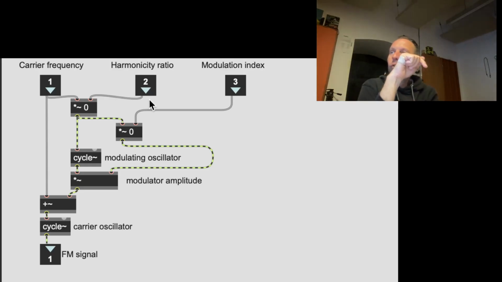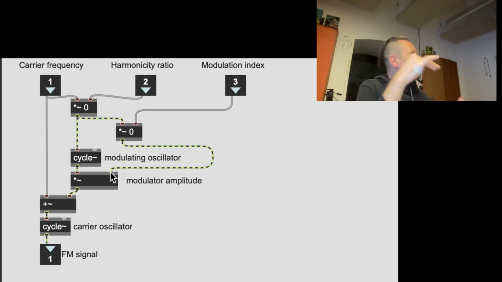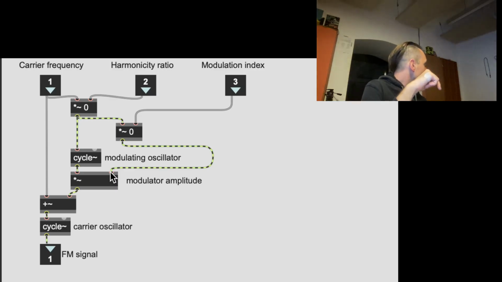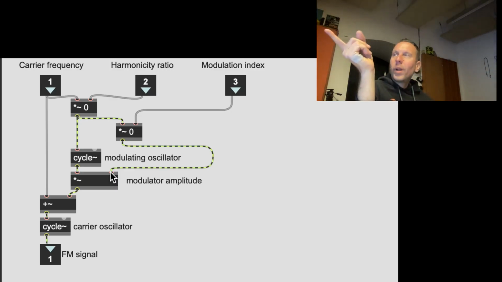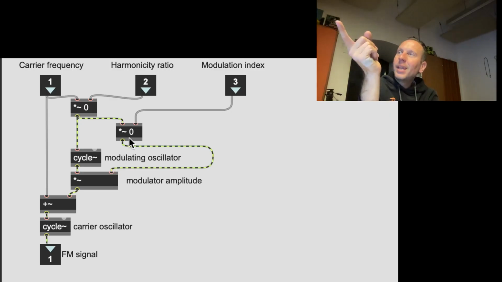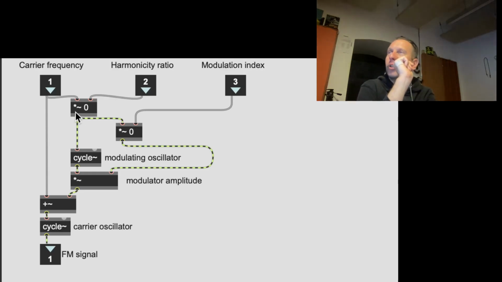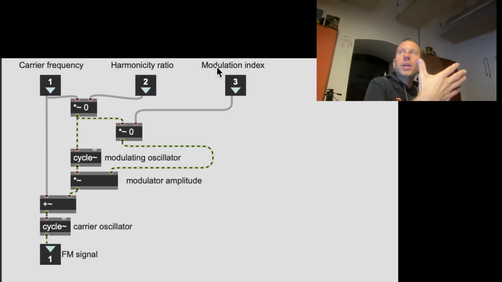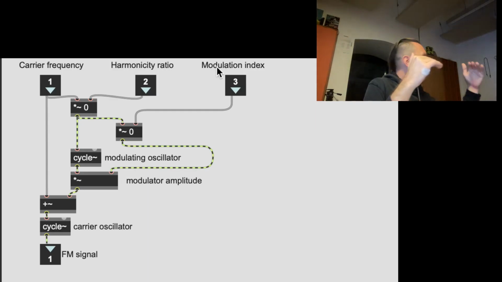Similarly, in order to stabilize the amplitude of the sidebands, what I'm doing here is I'm taking my modulation frequency, which is now the product of harmonicity and the carrier frequency. I'm taking this times modulation index, which will be my actual sideband amplitude parameter.